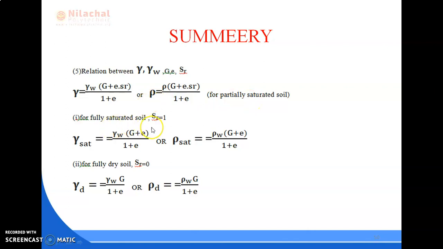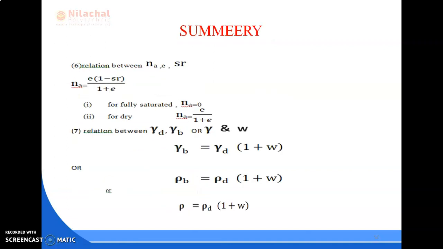For fully saturated soil, Sr equal to 1, so gamma sat equal to gamma w (G plus e) by 1 plus e, or rho sat equal to rho w (G plus e) by 1 plus e. And the second condition is for fully dry soil, when Sr equal to 0. So gamma d equal to gamma w G by 1 plus e, or rho d equal to rho w G by 1 plus e. Already we have derived this.